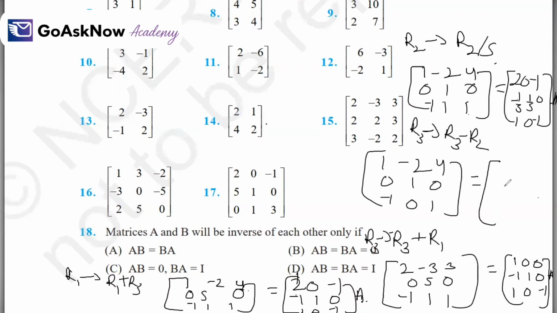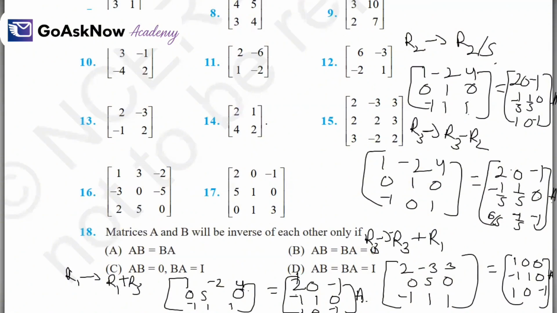And here you will get what? 2, 0, 1, minus 1, minus 1 by 5, 1 by 5, 0. And here 6 by 5, minus 1 by 5, minus 1 into A. Okay.